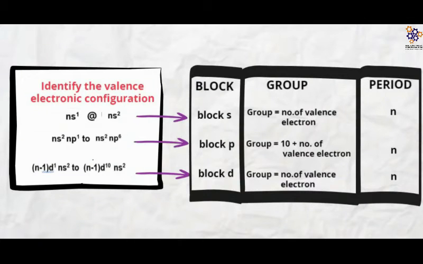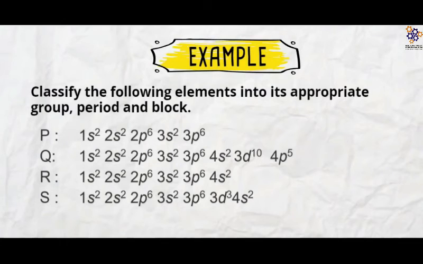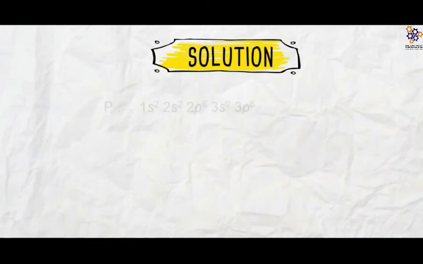Here is a summary for deducing the position of an element from its electronic configuration. These are some examples of deducing the position of an element from its electronic configuration.